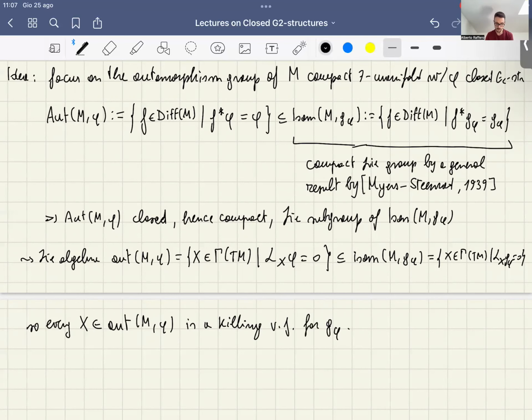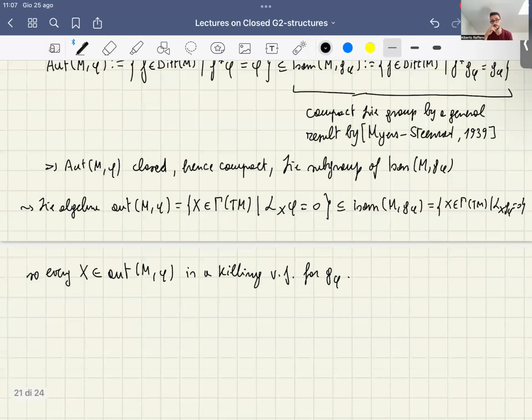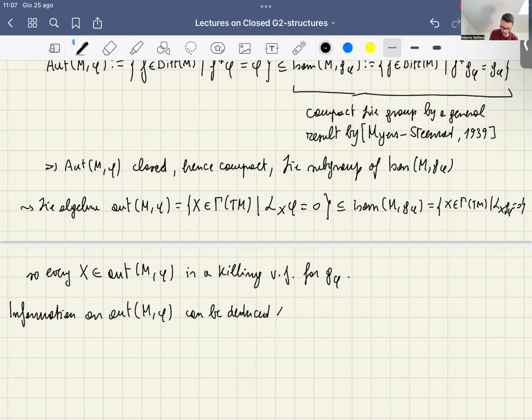And now, using the properties of the three-form φ, you can deduce properties of the Lie algebra of the automorphism group. So the idea in general is that information on the Lie algebra of the automorphism group can be deduced from properties of the G2 structure φ.